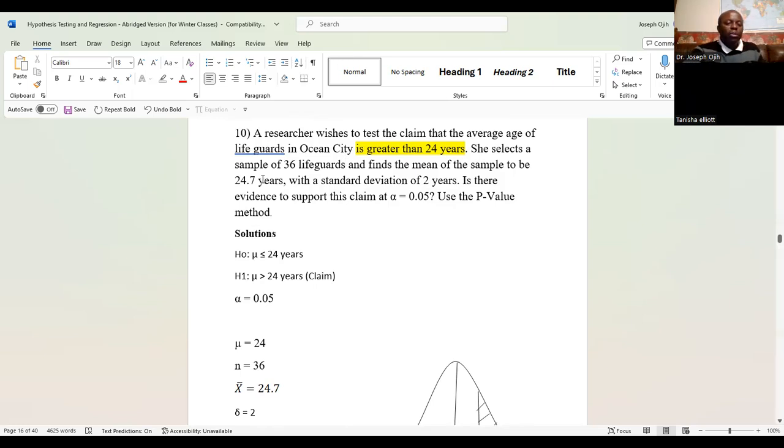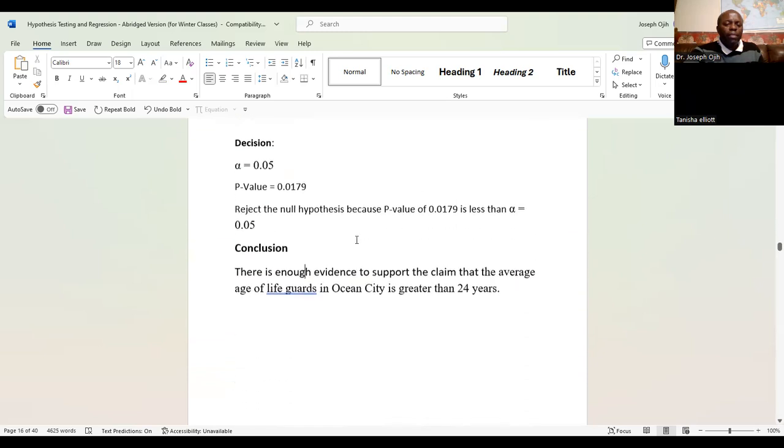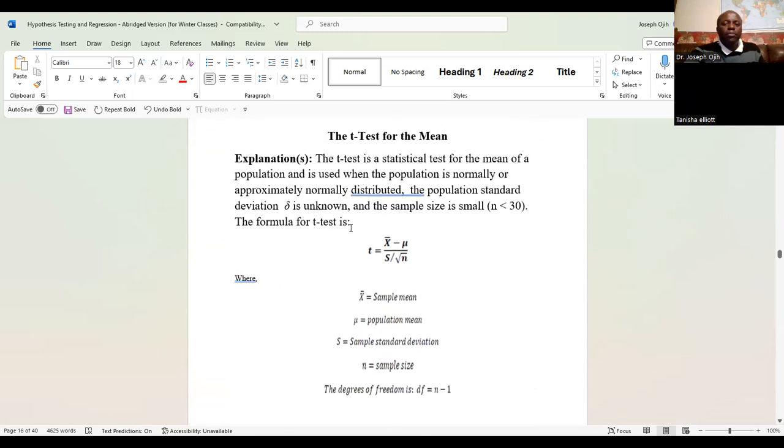Excellent. So let's round up with different kinds of tests. T-test for the mean. We use this type of test when the sample size is small and we don't know the value of the population standard deviation. Statistically, we say that the sample size is small when n is less than 30.